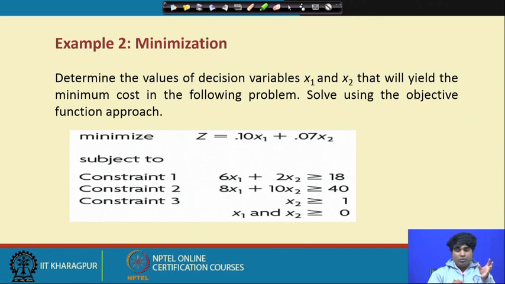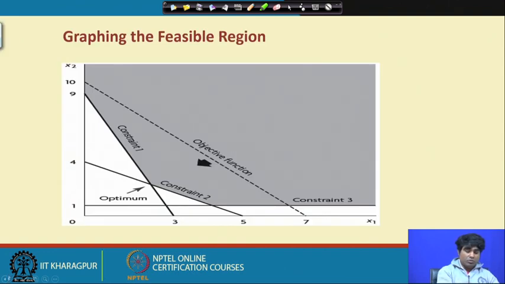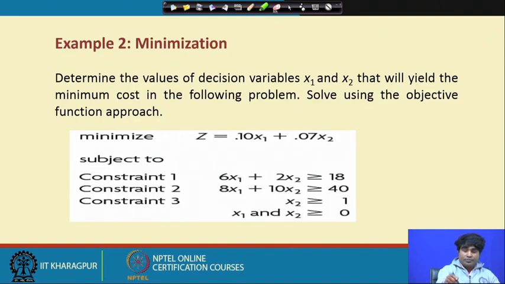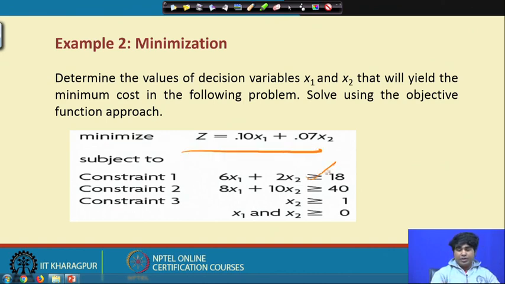And contrary to the maximization type, the minimization problem structure will be like this. The objective function as usual is minimizing z subject to constraints. So, this is the minimization kind of structure where z is of minimization type, and the constraints are typically greater than type.